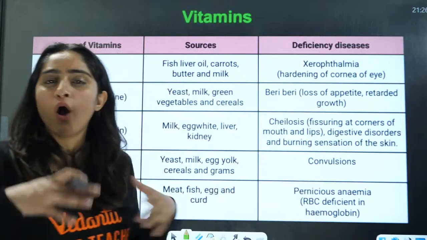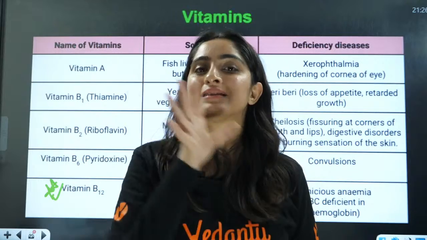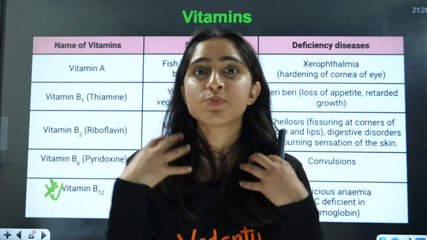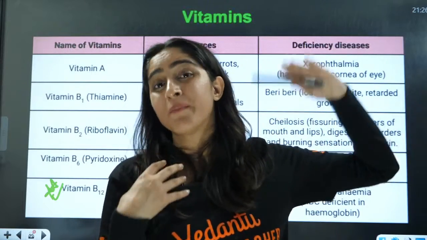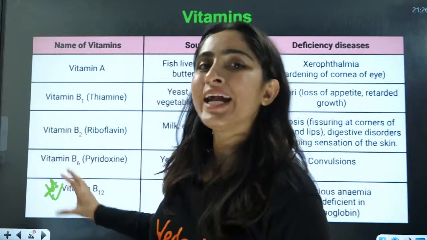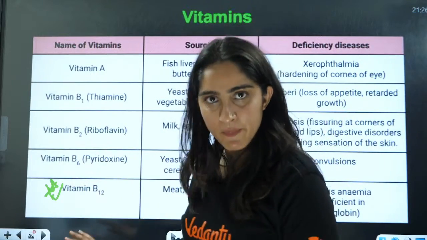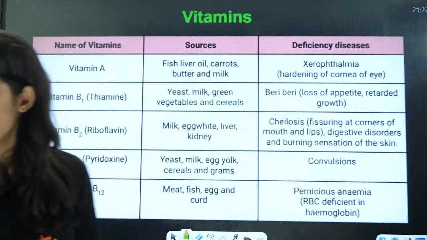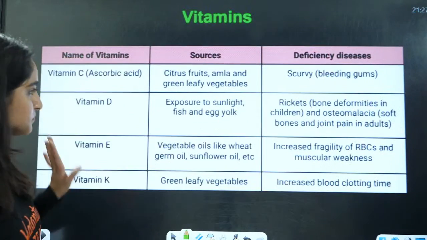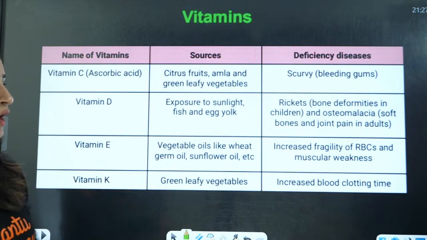There are some vitamins that are important for us because they help in digestion or the absorption of some other thing. Like B12 is responsible for hemoglobin. If there is less vitamin B12, there will be less hemoglobin, that will lead to anemia. Next is vitamin C, vitamin D, vitamin E, vitamin K, all these things.